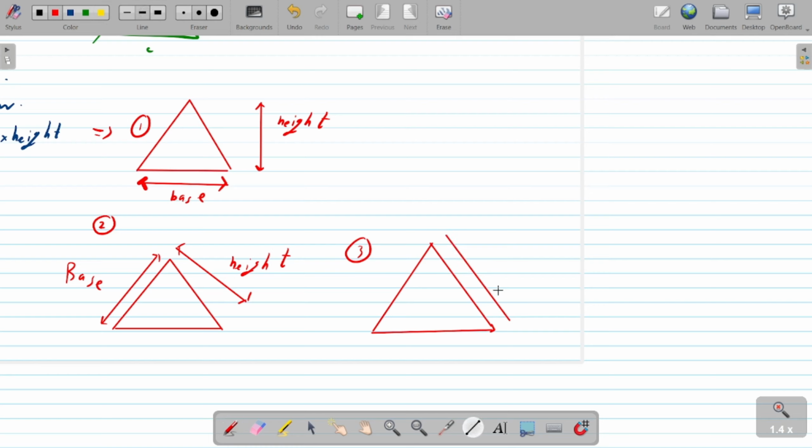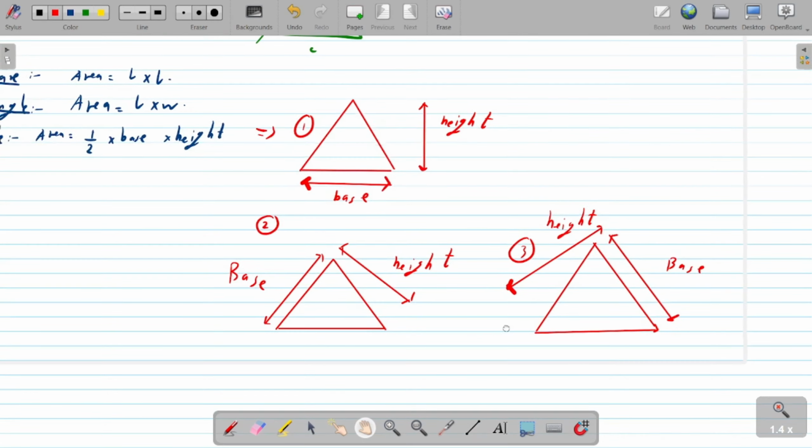Then this side, if I take this one here, from here to here, that is going to be your height. So remember, these things vary based on what you take as your base. So the height will always depend on where the base is. And those are the three cases that you want to know.